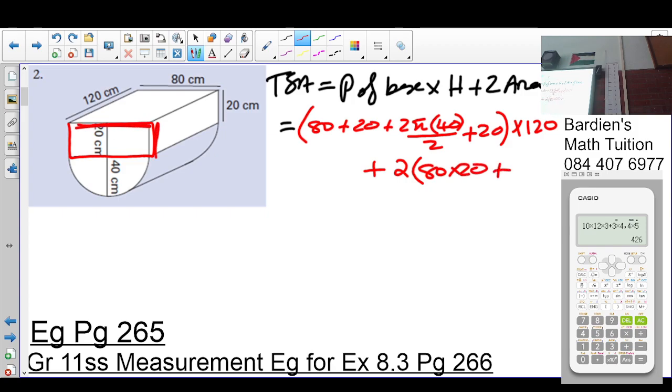Plus the semicircle. How do you calculate the area of a circle? Pi r squared. It's going to be pi times 40 squared. But it's semi. So what do I do? Divide by 2.